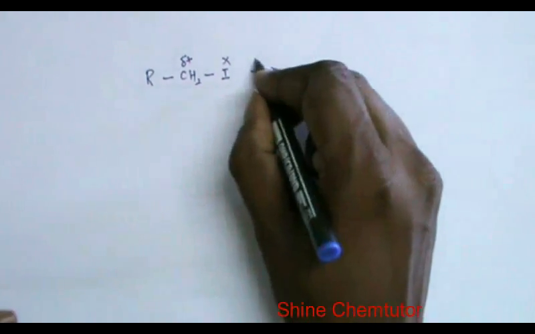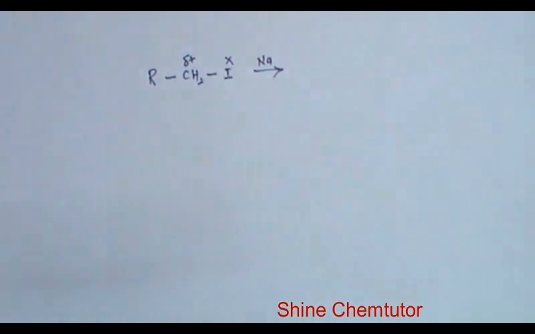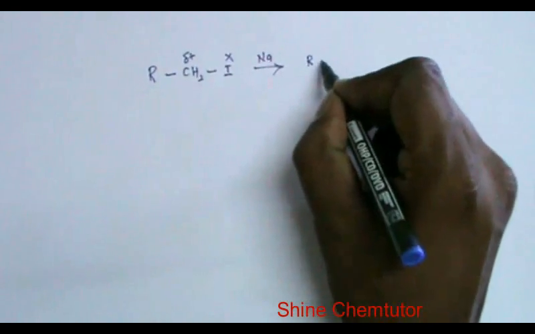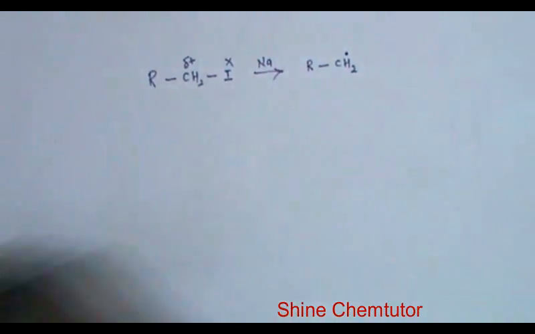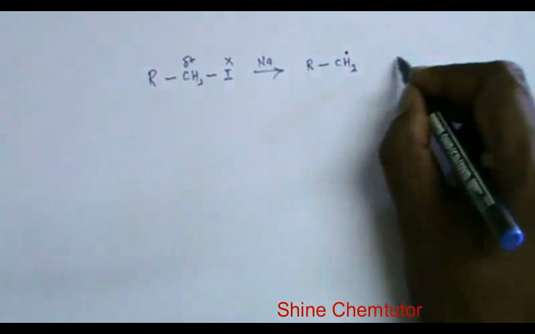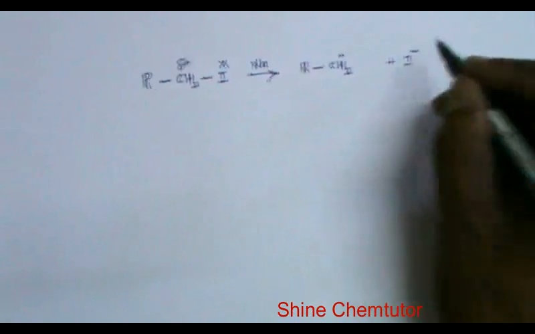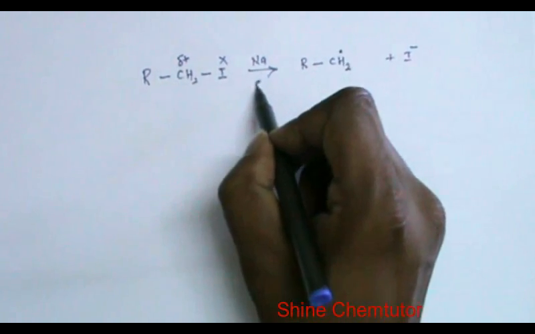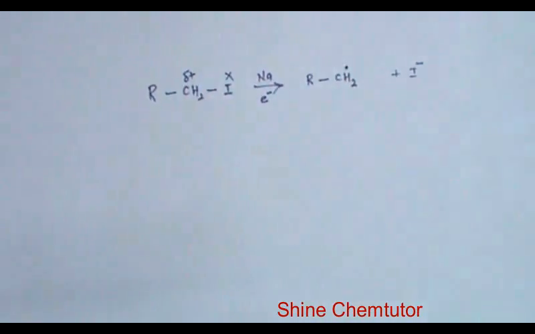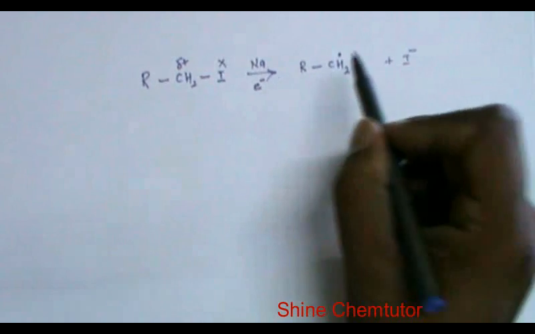When I add sodium, sodium gives one electron. That one electron will be on this. This minus charge falls over iodine. So this bond I have placed on iodine. It has given one electron. So now I have got CH2.